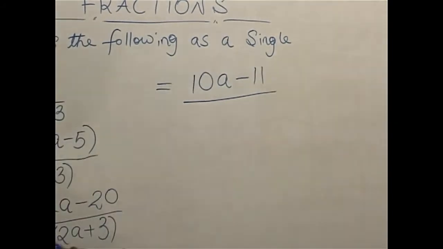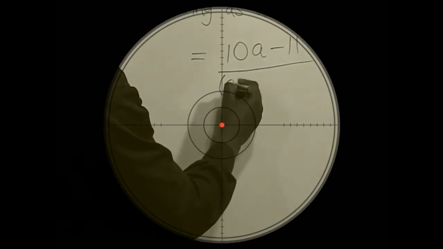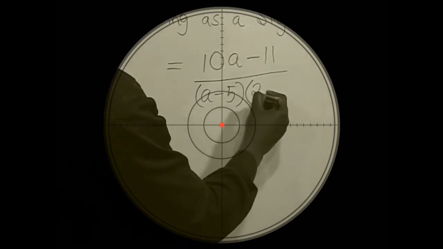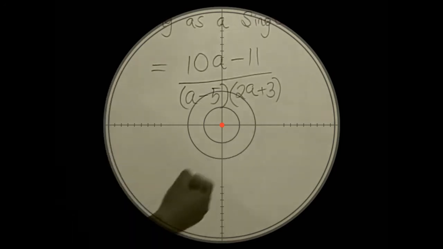Everything is divided by the product of a minus 5 and 2a plus 3.